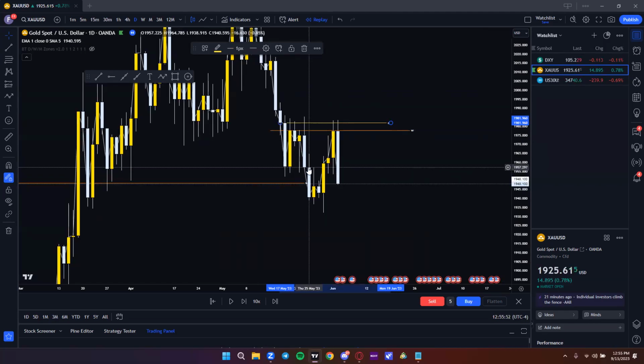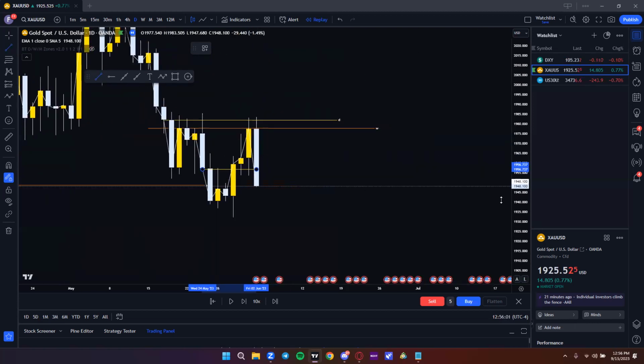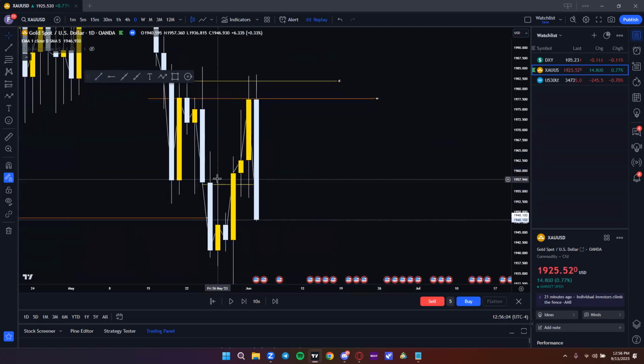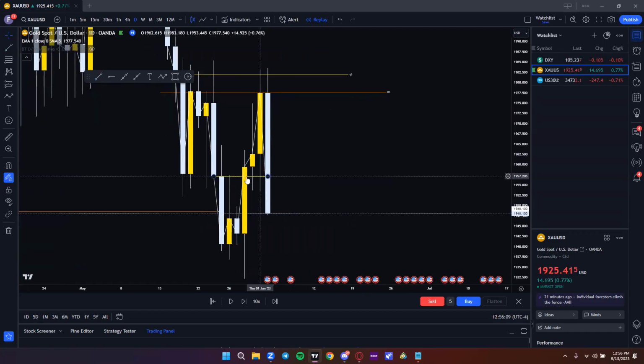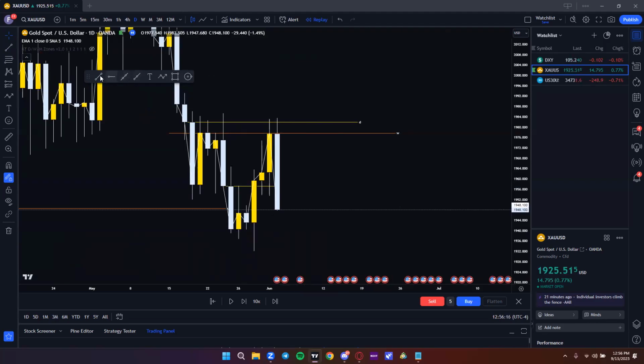And why didn't it just respect this level here, which it doesn't need to, but why doesn't this break indicate higher pricing, right? This daily breakout of this gap level, why wasn't it something like this from here? Bounce to go up. Why?